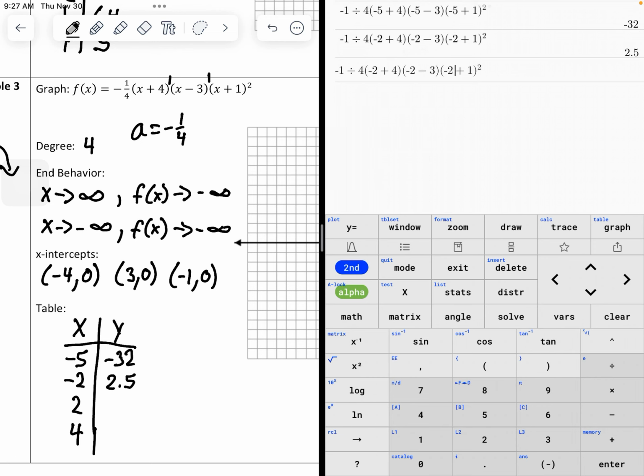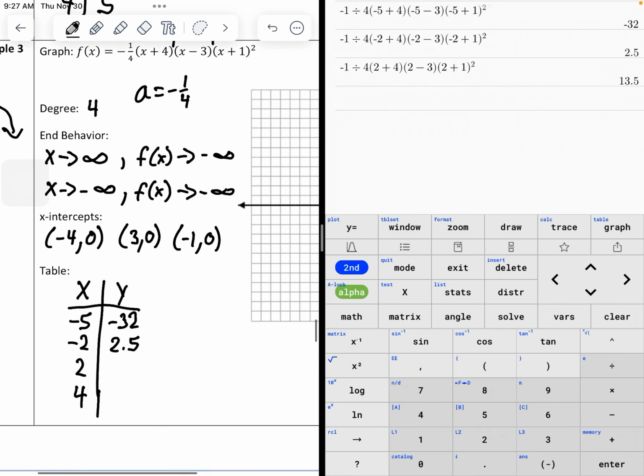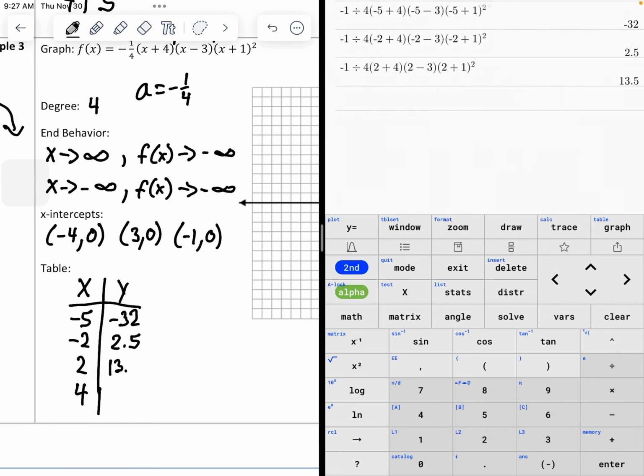You'll get kind of quick at this part. Actually, I can just delete the negative signs because it's +2 now. Enter, we get 13.5. And then I'm going to do one more here, which is 4, 4, 4, and I get -50.